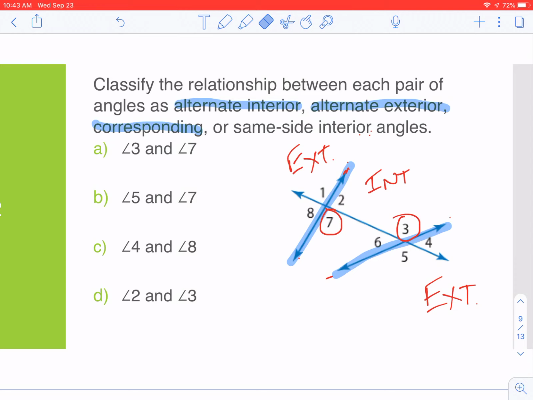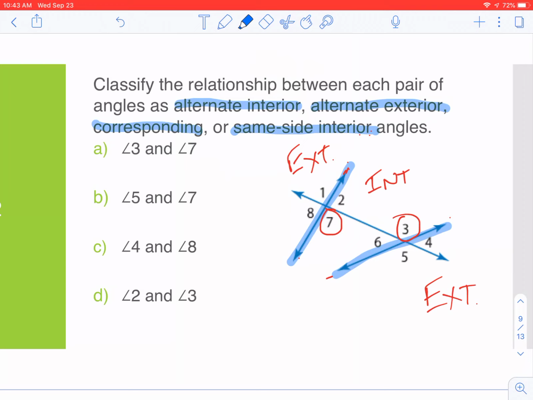All right, so check this out. If we know it's interior, I have two numbers there. That means they're on the interior. So I have two choices of interior. I have alternate interior, or I have same side interior.